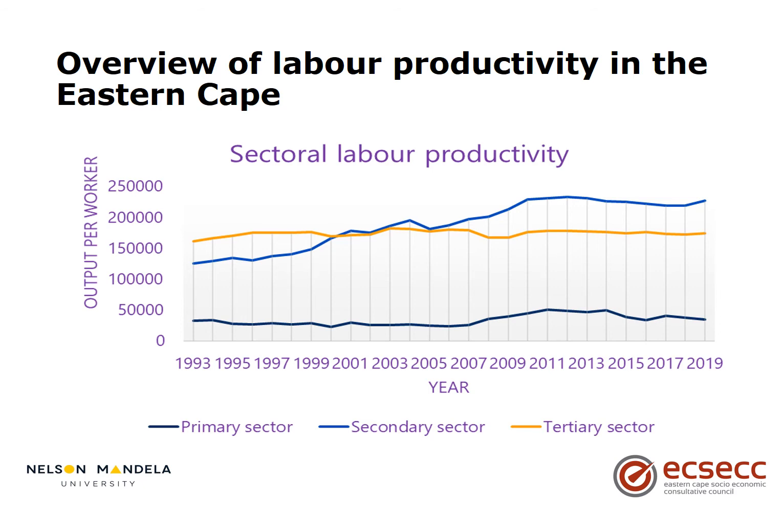However, again, since about 2010 to 2019, we've seen stagnation in secondary sector labor productivity. If you look at the primary and tertiary sectors, labor productivity has largely been stagnant. It hasn't really changed much since the early 90s, of course with labor productivity in the tertiary sector being higher than that of the primary sector.